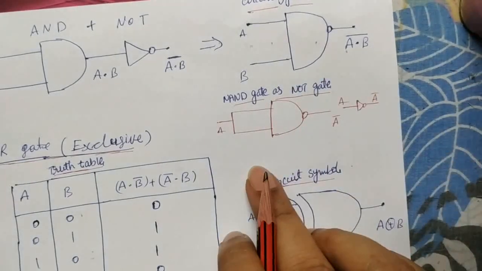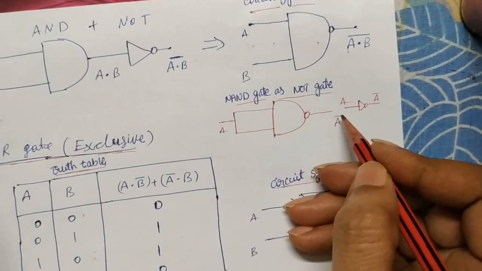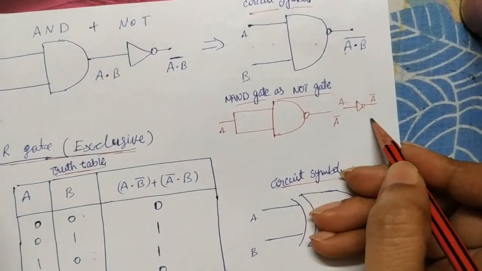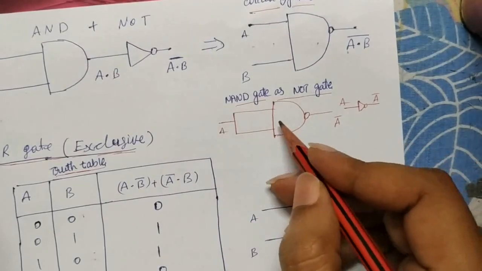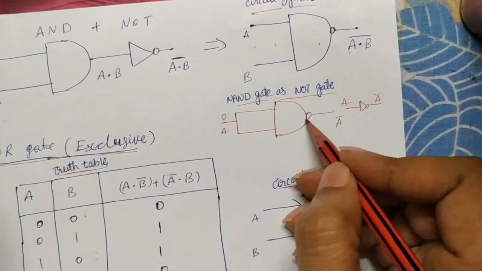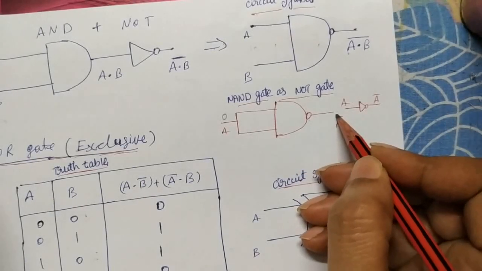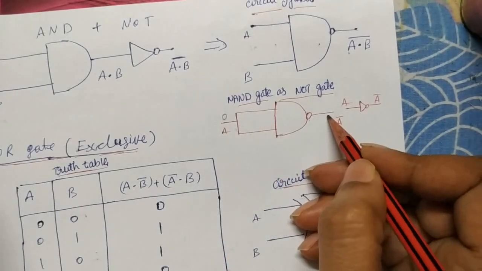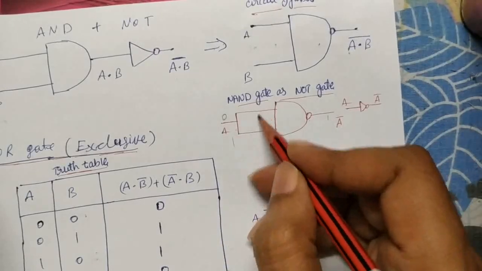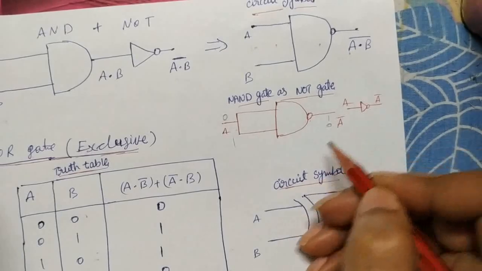NAND gate. Similarly, if two inputs are joined together, then it behaves like a NOT gate only. Suppose in the NAND gate, here 0 is there. 0, 0 means for the AND gate we are getting 0, but for the NAND gate we are getting 1. Opposite, no? So 0 means we are getting 1, and 1 means what you get? 1, 1 for the AND gate is 1, but the NAND gate is reversed, so you get 0 here.